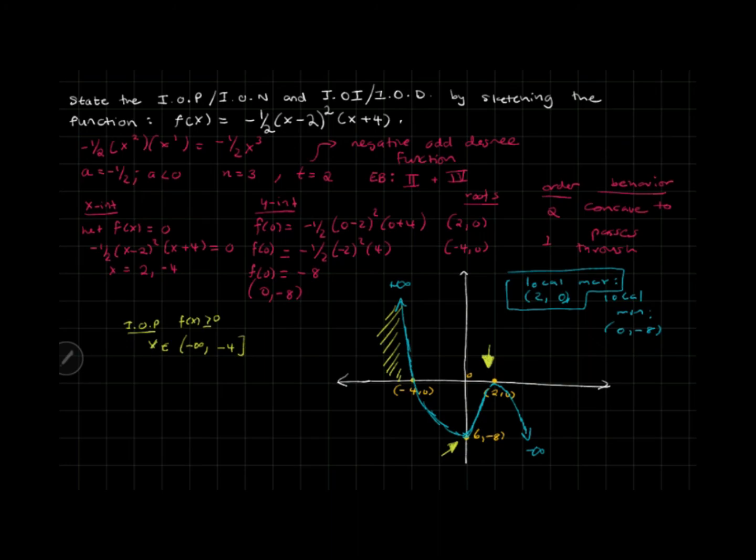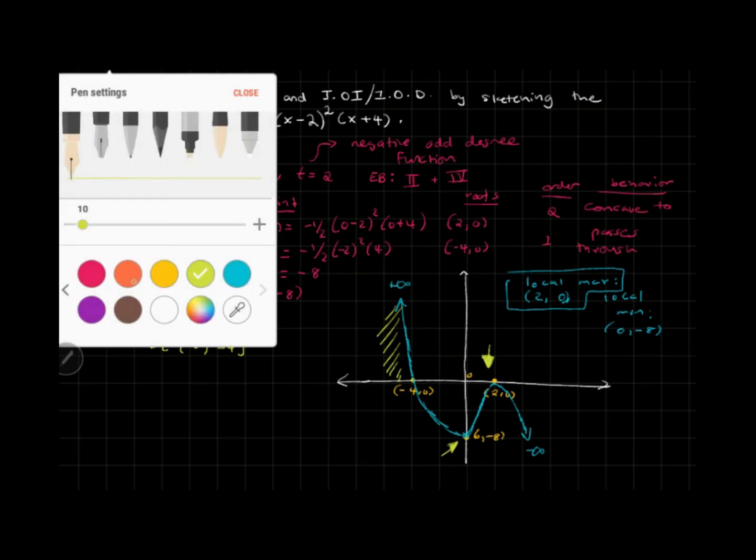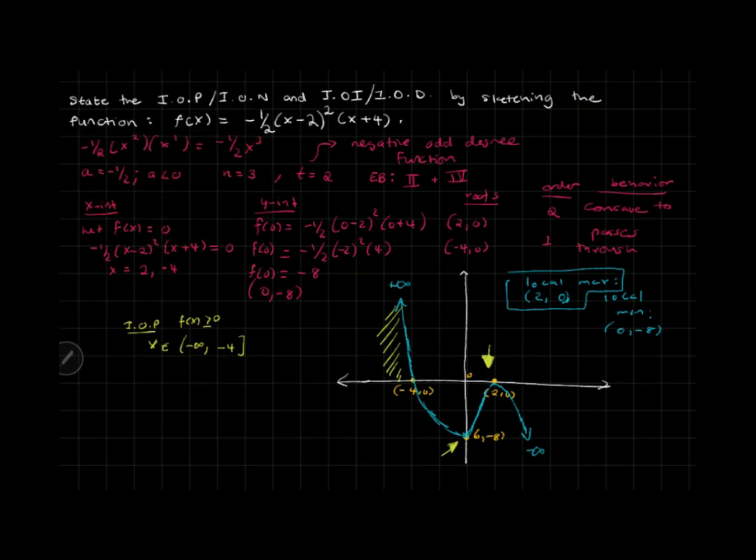Okay, so this is an interval of positivity. For the remainder, the interval of negativity, when f(x) is less than 0, x will belong to (-4, positive infinity), not inclusive of -4. Okay, so that's the interval of positivity and interval of negativity, which you can see out here. It's all of this basically.